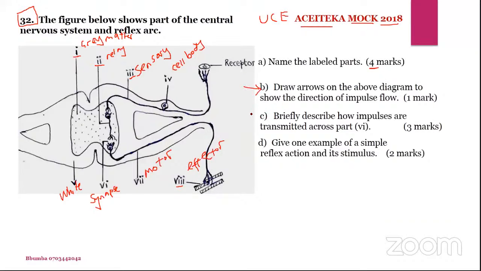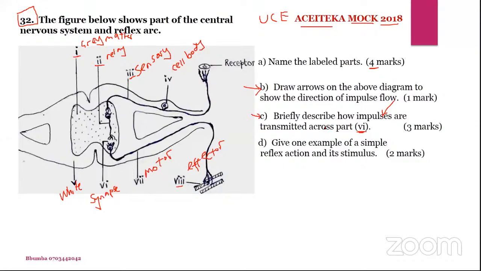Question C says briefly describe how impulses are transmitted across part 6. What do you think this question is asking you? Can I have someone tell us before we are left with about 2 minutes? Don't give us the answer, but what is the question asking?